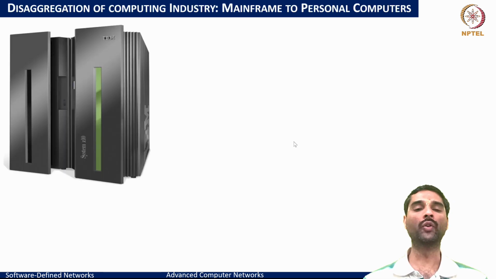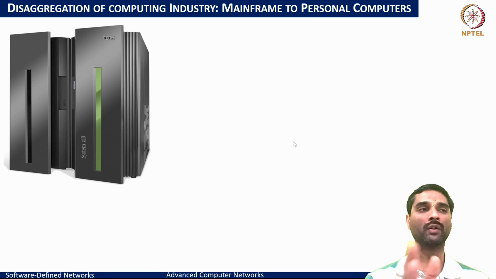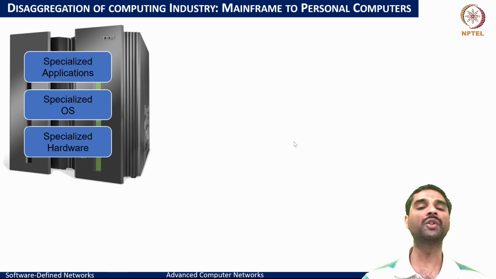So, to give a good analogy of what it really means, think of the evolution of personal computers, how this all began. In the early 1960s, we had these mainframe devices, which were mammoth devices that would almost fill half a room. But the main aspect there was they had specialized hardware, and they would be operated with specialized operating systems, and only specialized applications would be run.